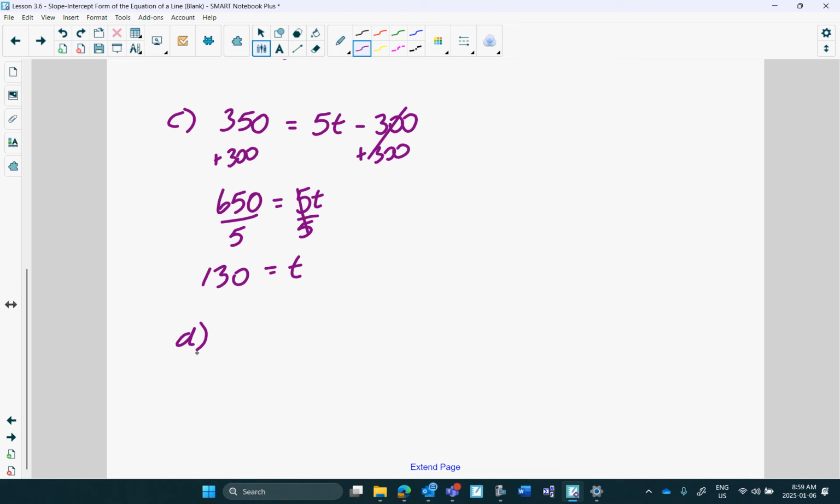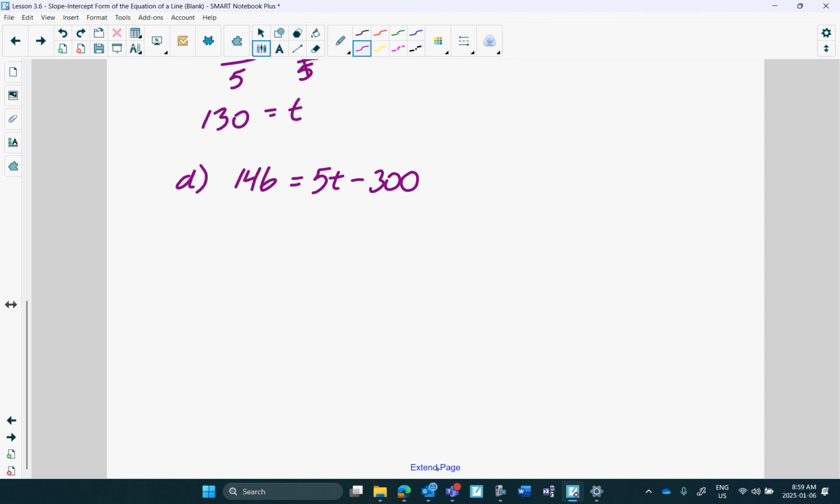Wouldn't I just do the same thing as C, except this time put in 146. Add 300 to both sides, and you get 446 is equal to 5t. Divide both sides by 5.